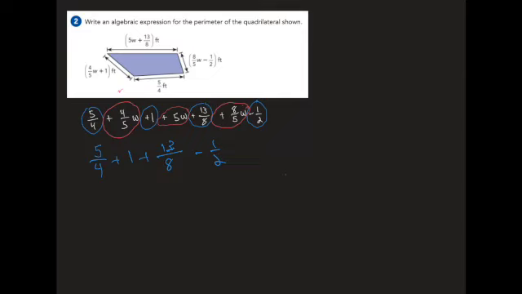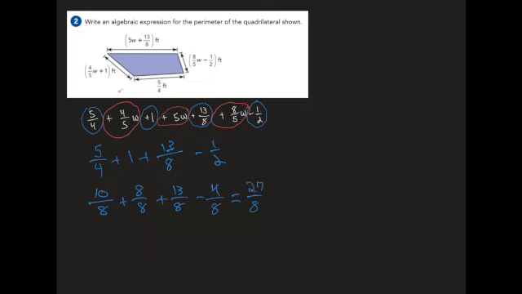And I know I need a common denominator when I'm using fractions, so that common denominator looks like it's going to be 8. So this becomes 10/8 plus 8/8 plus 13/8 minus 4/8. And then I can combine these. Out of the eighths, I have 10 here and 8 here, so I have 18/8. Another 13/8 would give me 31/8. And then I'm taking 4/8 away, which leaves me 27/8.